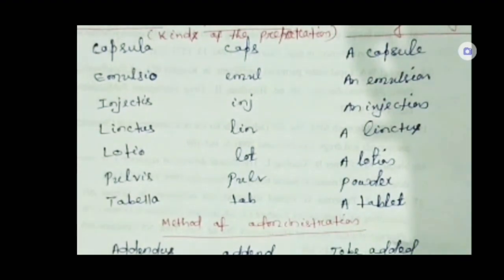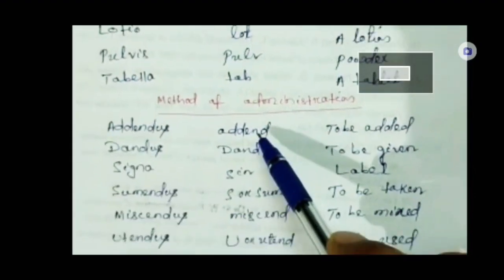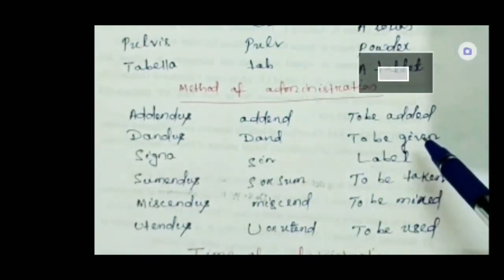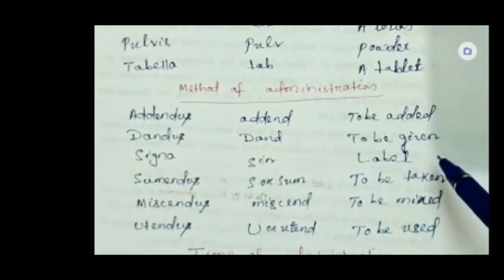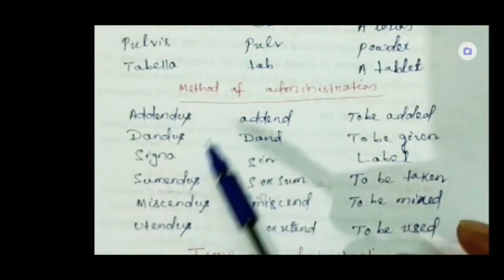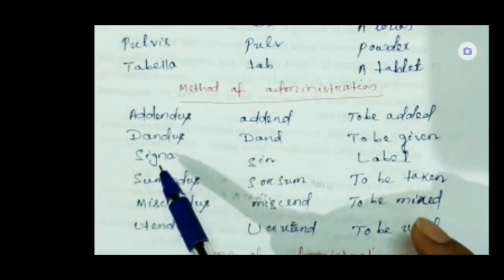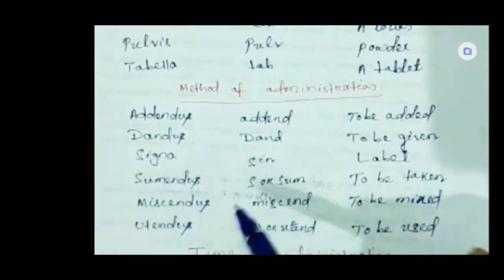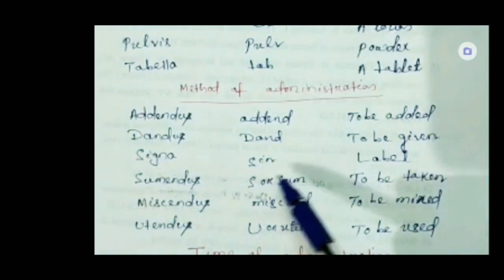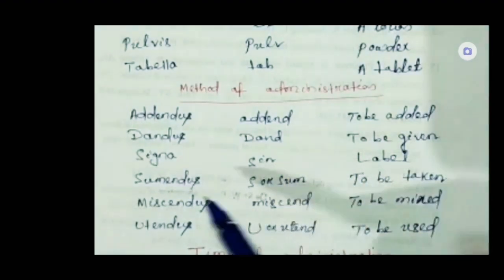Likewise, methods of administration. If add is written as the abbreviation, it indicates to be added, to be given, for the Latin term dendus. Signa, the Latin term signa, its abbreviation is sig, its meaning is label.